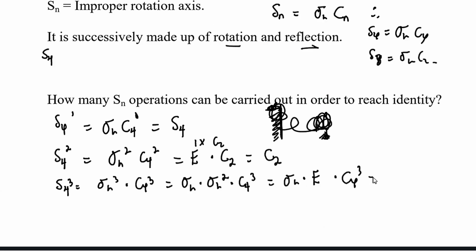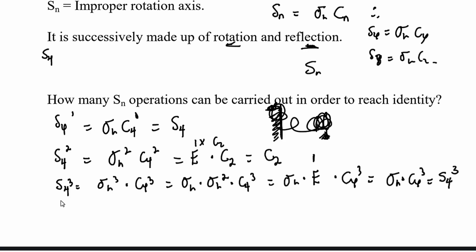So this becomes, because this is like 1, right? So we have sigma H and C43. So when we multiply rotation and then reflection, right, we're going to have Sn. So this is going to be S43, right?